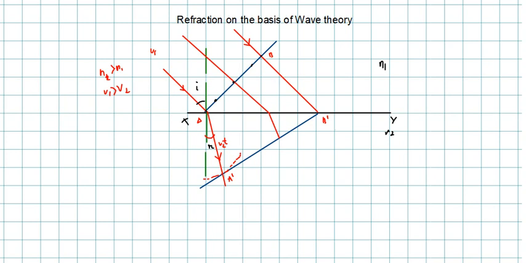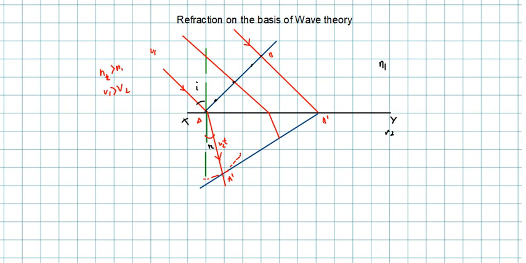So the circles or hemispheres described inside the denser medium will be a little bit shorter compared to the one described in medium 1. We will elaborate this through animation.